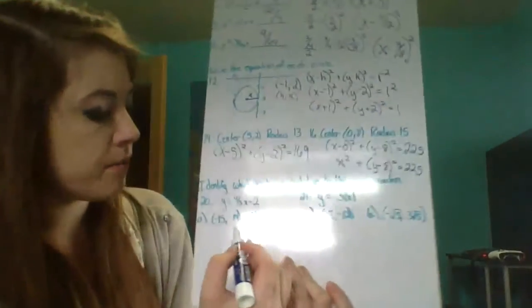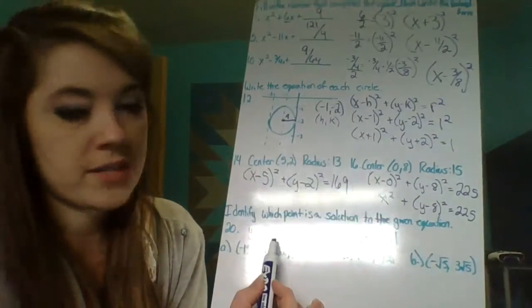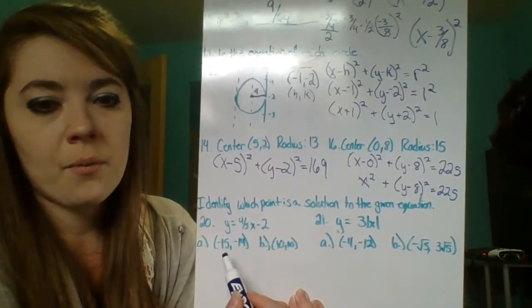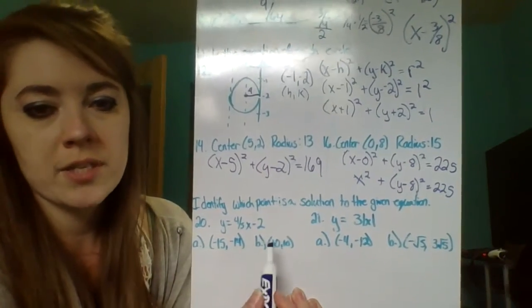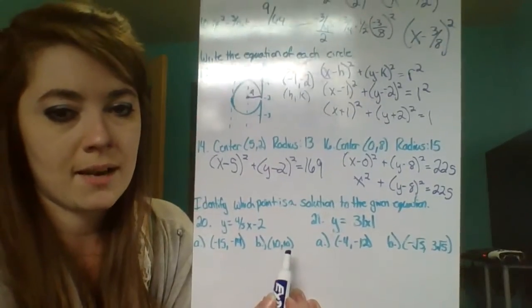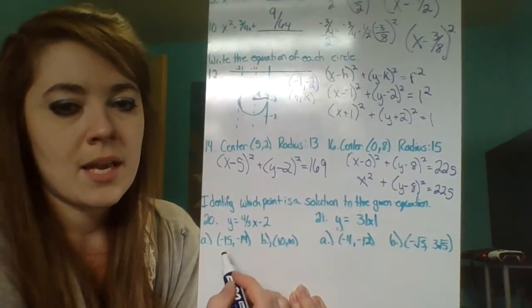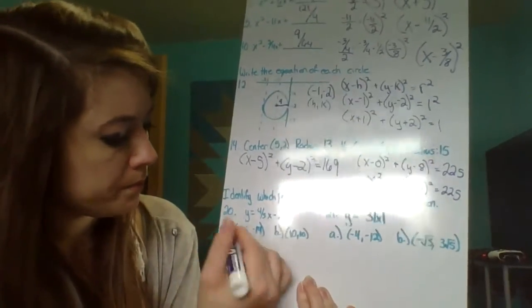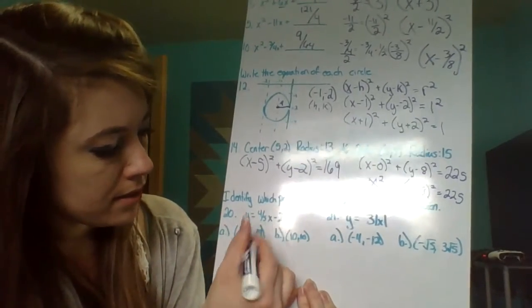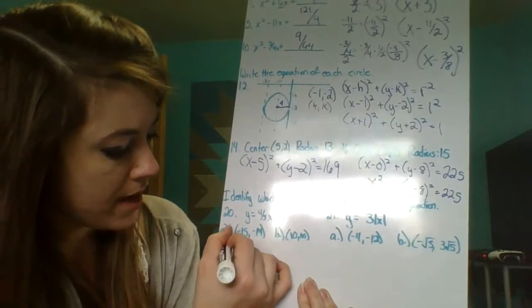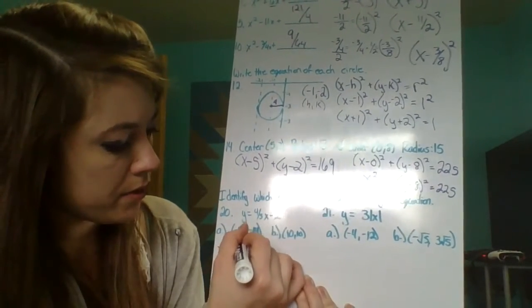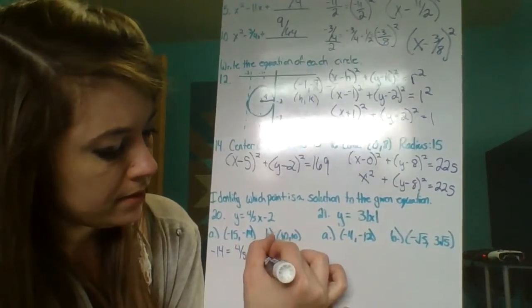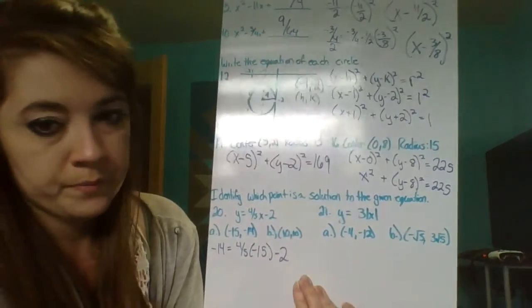So on this first one, we have y equals 4/5 x minus 2. Sorry, the glare is really bad. And then we have the point -15, -14. We also have the point 10, 10. So if we plug in the point -15, -14, x goes, so negative 15 is our x, so we're going to have negative 14 equals 4/5 times negative 15 minus 2.